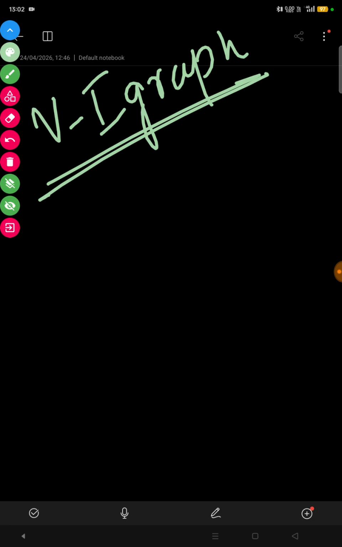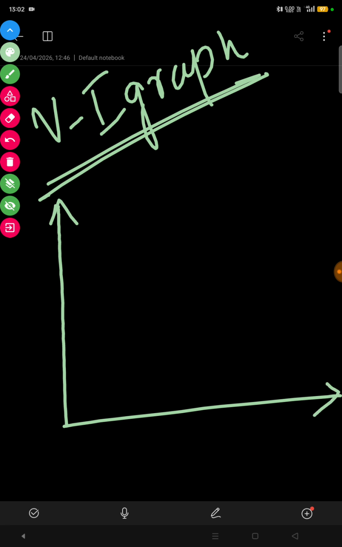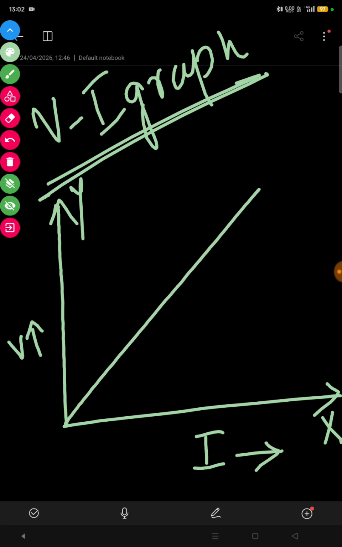A graph is plotted for V against I, taking V on the y-axis and I, that is current, on the x-axis. This is also found to be a straight line passing through the origin.